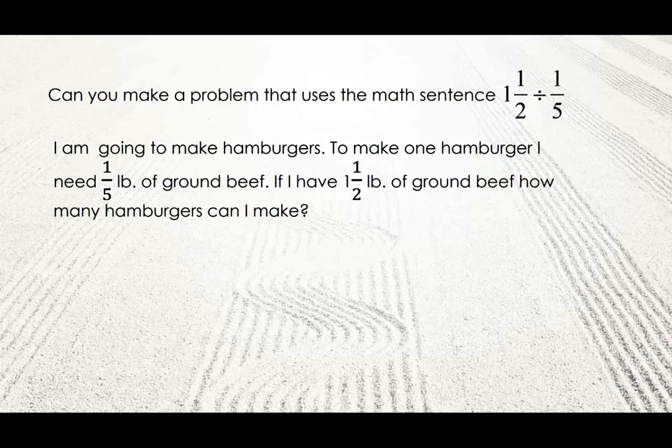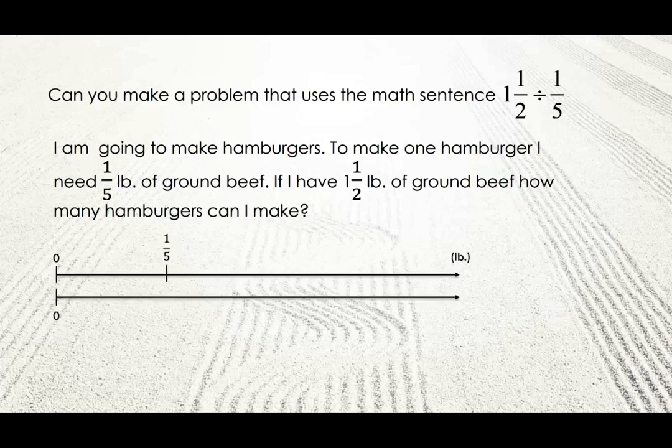Can you tell which type of division this is? So this is 1/5 pound for one hamburger. We have 1.5 pounds of ground beef, and I wonder how many hamburgers we can make.